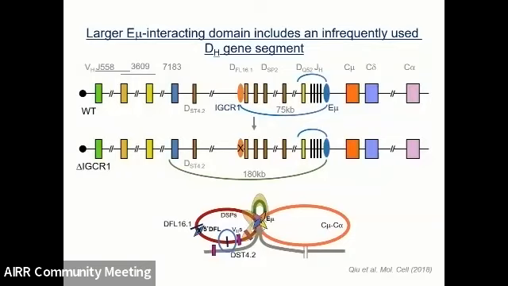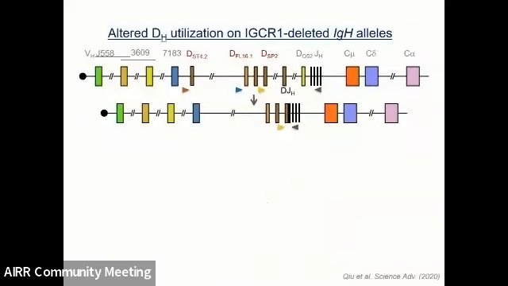In this new loop, DFL16 moves away from being near the recombination center, and DST4.2 is brought into this loop. The consequences on VDJ recombination can be assayed by using specific primers that recognize either the different D gene segments shown here in different colors, these triangles here, and a primer that recognizes the joining gene segments.